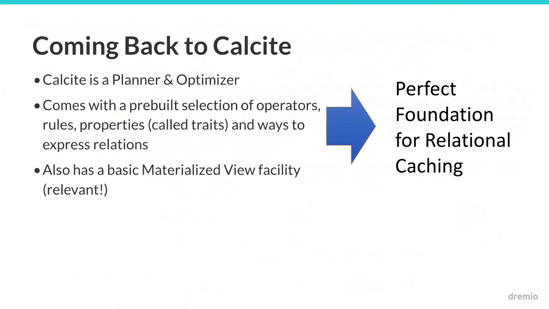And it comes pre-built with many of the things that are needed for optimization, such as operators, the various rules that we described earlier, and things like properties, which includes things like distribution or sortedness, collations, and so on. And it has the ability to handle materialized views, and if you're familiar with the concept of materialized views, the relational cache is a very similar concept. So this provides a perfect foundation for relational caching.